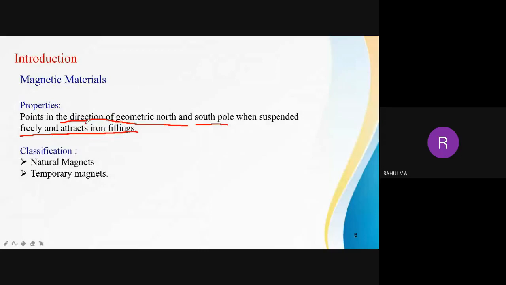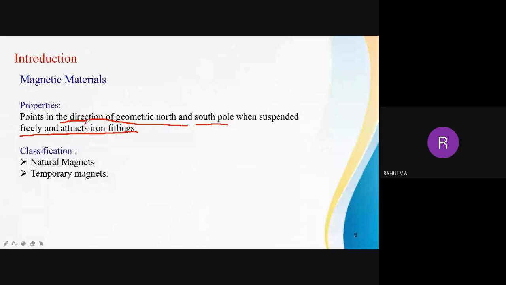Similarly, there are bags where some kind of clips are there. If you push it into that clip, it attracts and holds the clip. There are materials like that.